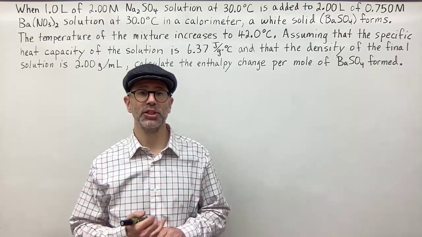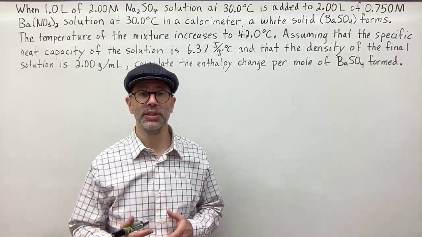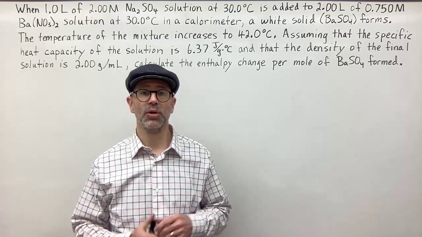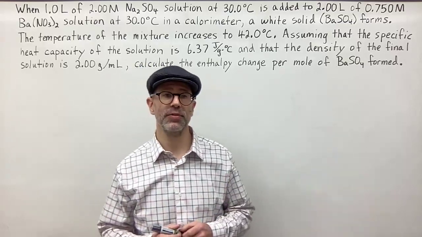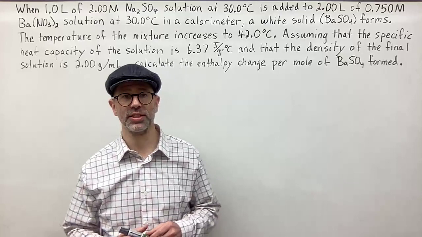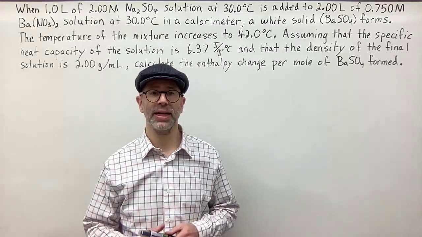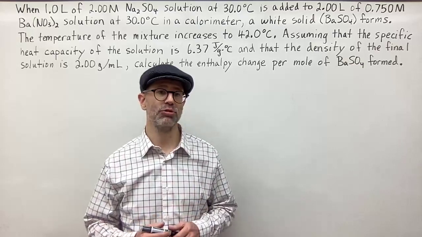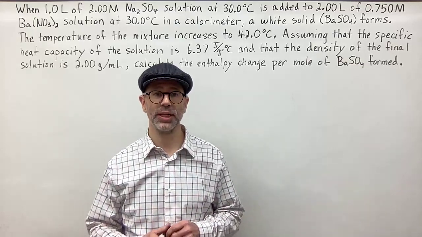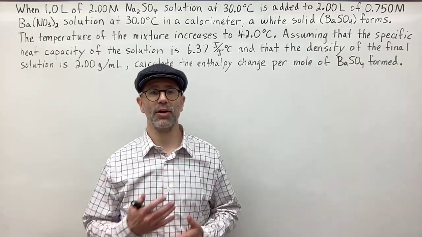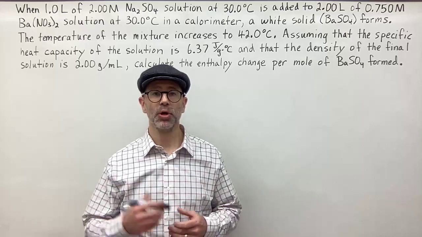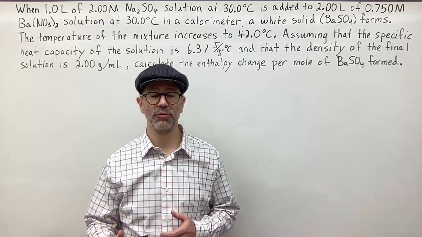The temperature of the mixture increases to 42 degrees Celsius. And we're asked to assume that the specific heat capacity of the solution is 6.37 joules per gram per degree Celsius, and that the density of the final solution is 2.00 grams per liter. And they want us to calculate the enthalpy change per mole of the barium sulfate formed.